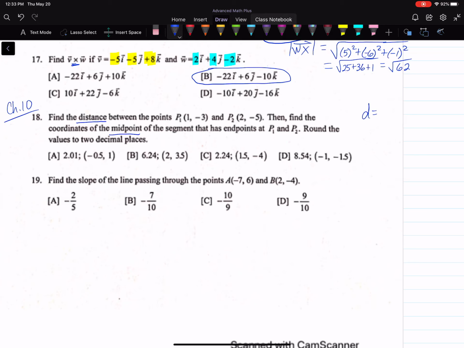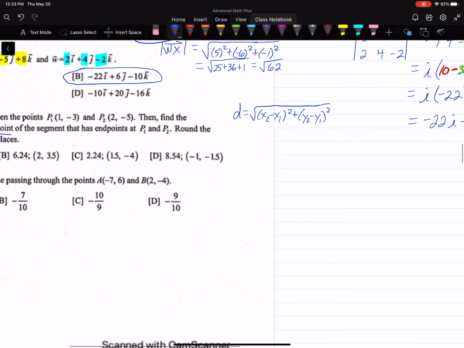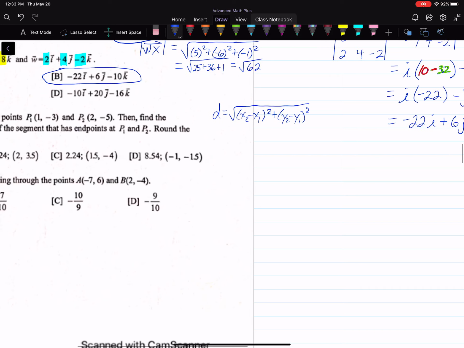The distance formula is the square root of x2 minus x1 squared plus y2 minus y1 squared. Our midpoint formula is just x1 plus x2 divided by 2, and y1 plus y2 divided by 2.